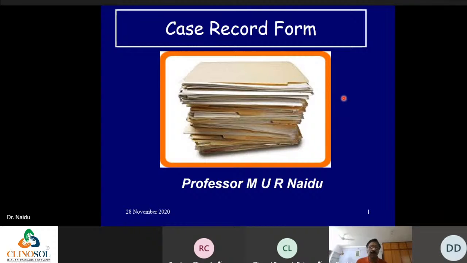This is one of the legal documents where somebody can check whether the particular study which is done and the data collected are authentic, and whether all the data that has been submitted is real. So the case record form is one of the very important documents in any clinical research, and it is very important for us to understand it.